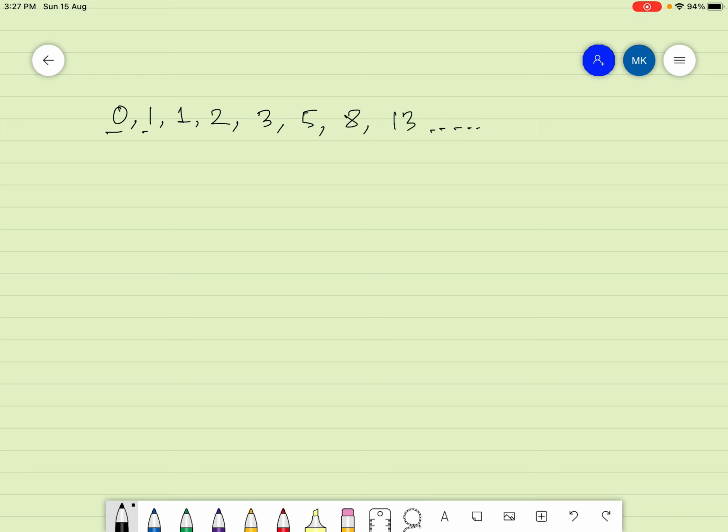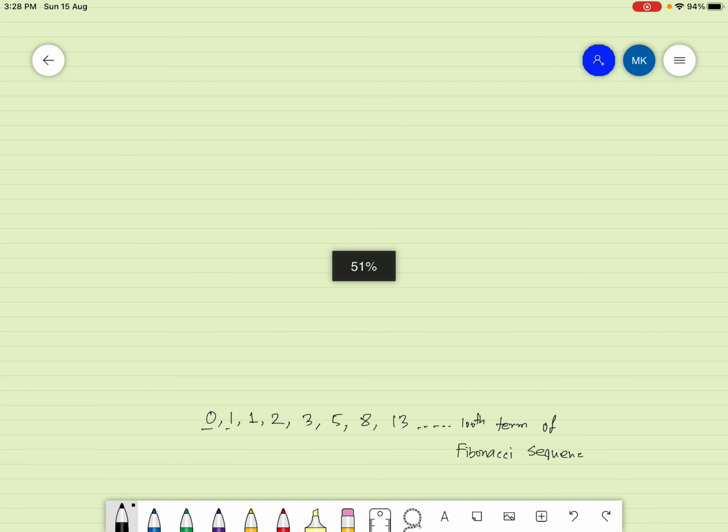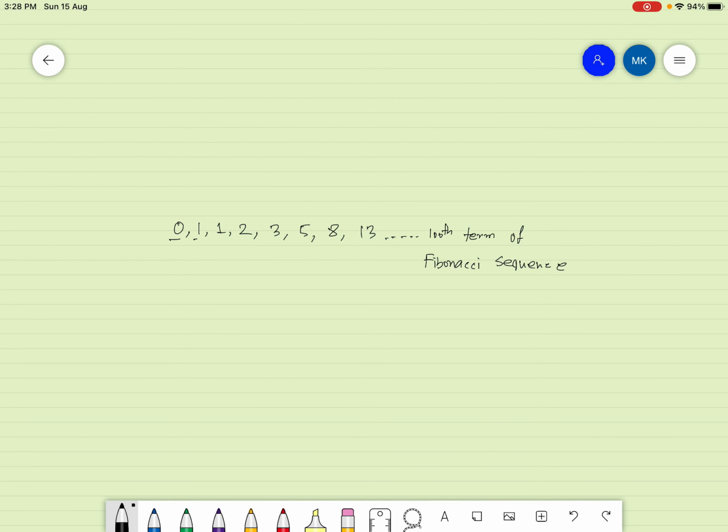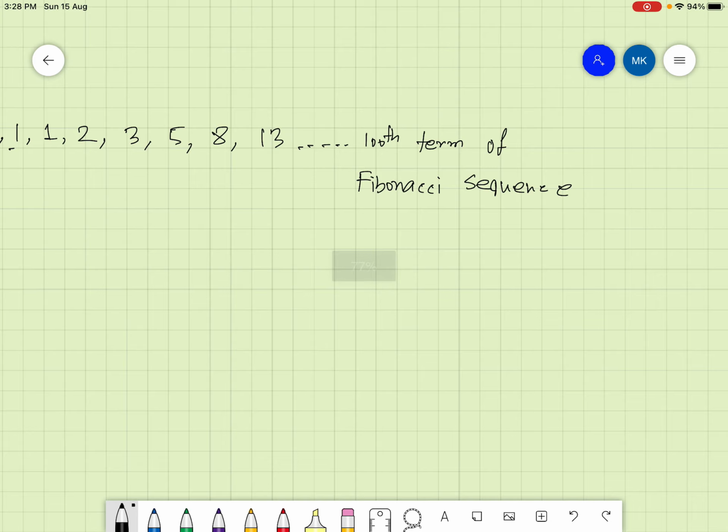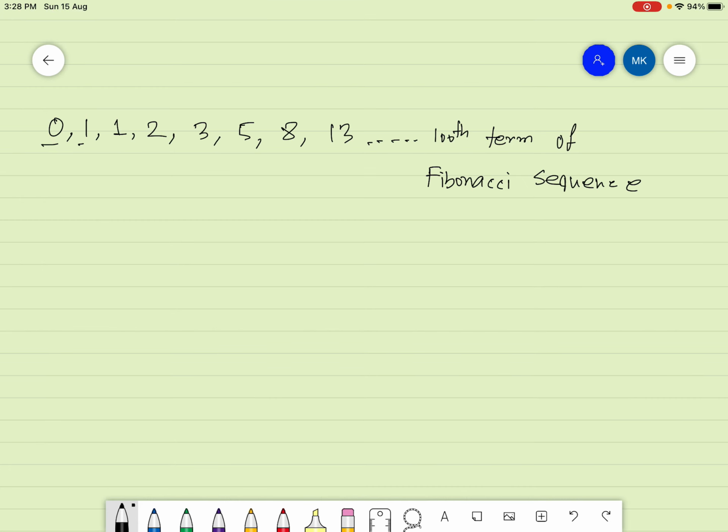Let's say I wanted to find out the 100th term of the Fibonacci sequence. So how to do that? If you try to find it manually, then it will be very hectic, right?